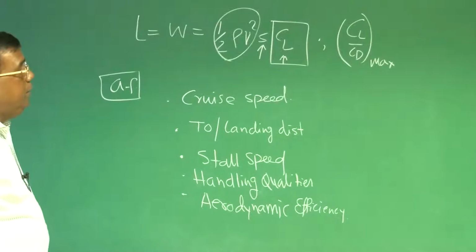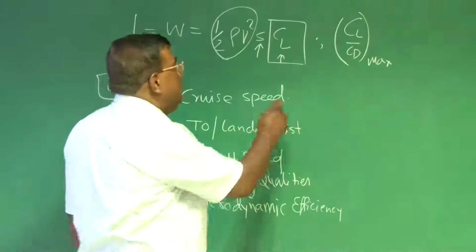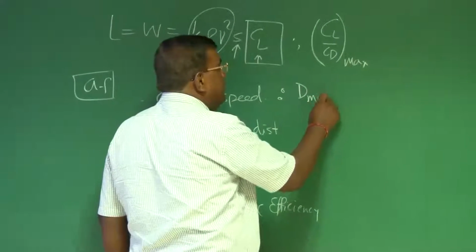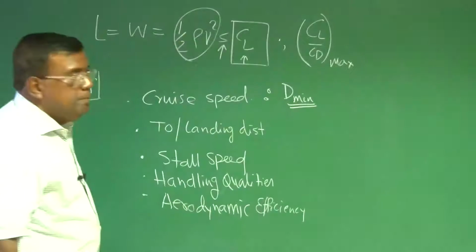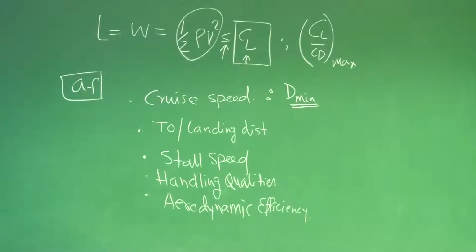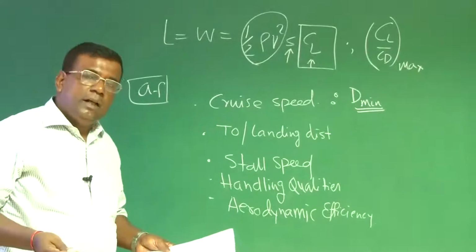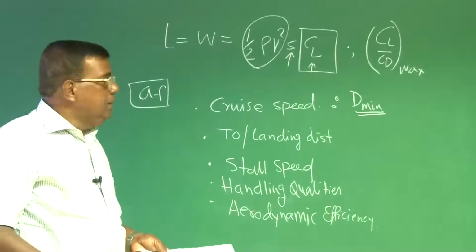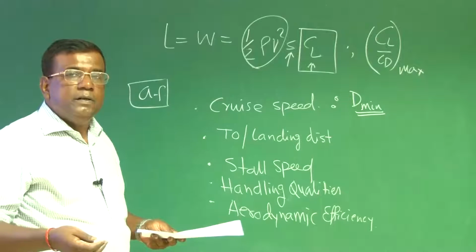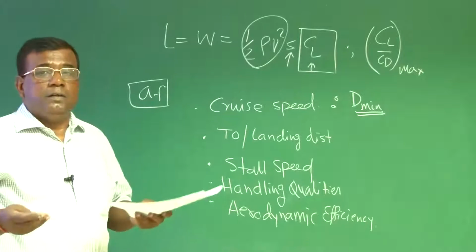Why should cruise speed be at the back of our mind in selecting the aerofoil? Because finally, as the designer, I want the aircraft to fly with minimum drag. Also, I should know that if the cruise speed is low subsonic, the drag characteristics are different from when I design an airplane for high subsonic speeds, near transonic speed, or near supersonic speed.